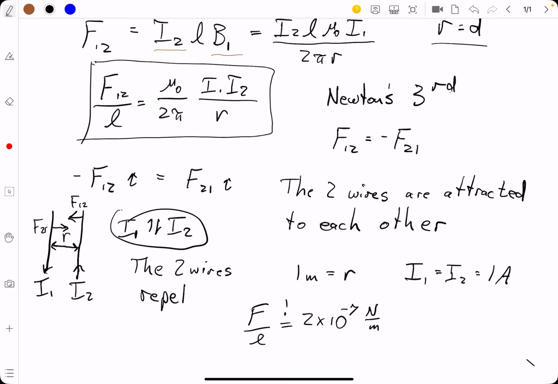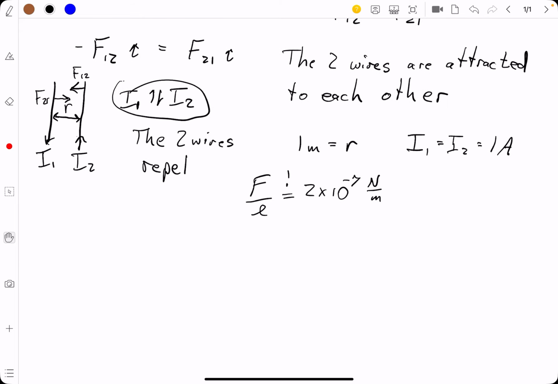So you can measure the force, and when your force equals this, then you know you are putting 1 amp through each of the wires. This is the definition of 1 amp, okay?